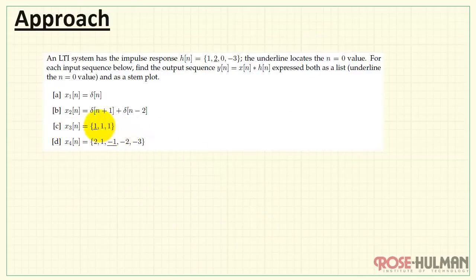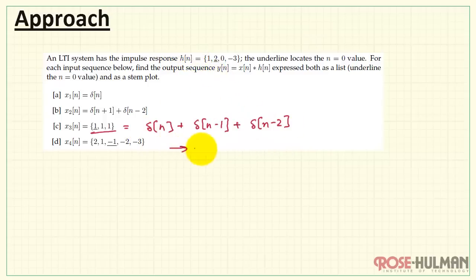Now in parts C and D, we can recognize that the list of values can also be interpreted as a sum of delta functions. We'd have a delta at n equals 0, weighted by the value 1, plus a delayed delta function, weighted by value 1, plus one more delayed delta function, weighted also by 1.